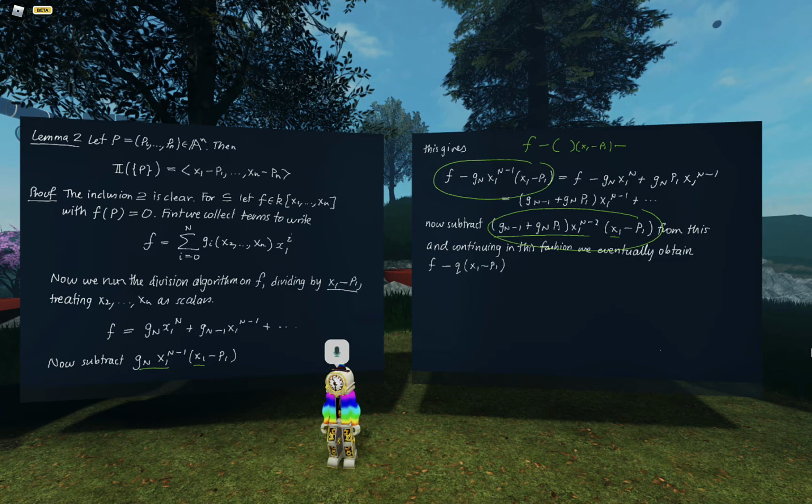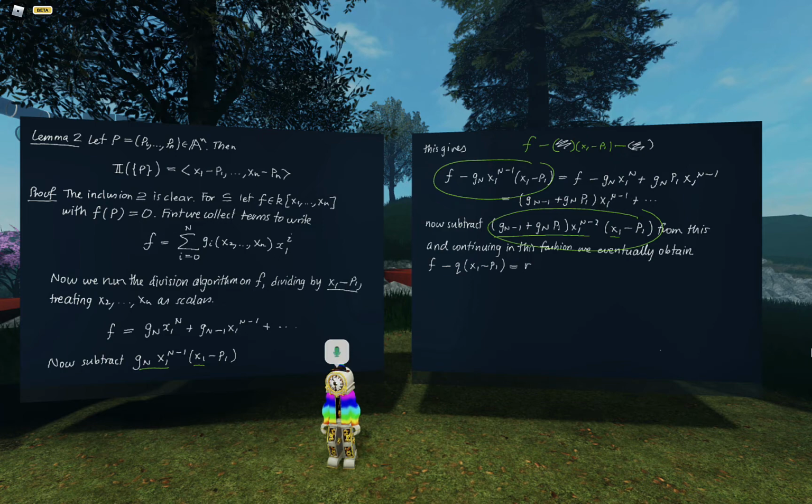So f minus q times x1 minus p1, q being the sum of all these things in brackets here, is going to be r. And what can I say about r? Well, r is where the algorithm stops, the thing I can't do anything more with. That is, I should think now about which powers I'd be unable to get rid of.